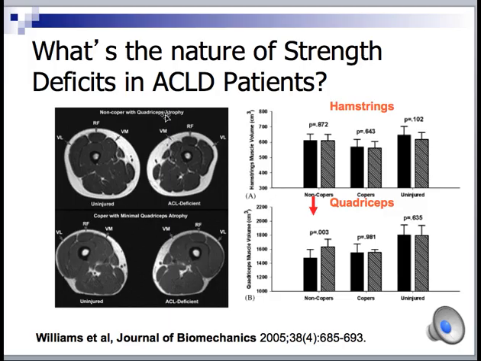What this MRI is showing us is the difference between uninjured and injured ACL groups. We want to focus here on the non-coper group, the group that experienced some amount of muscle atrophy. So here's the injured, non-injured side cross-section.